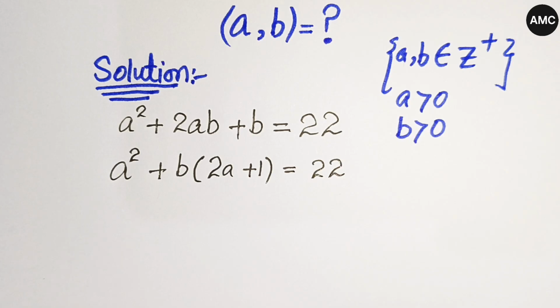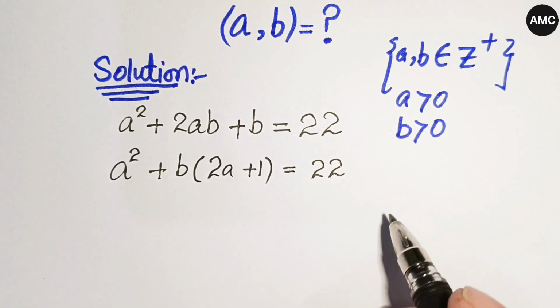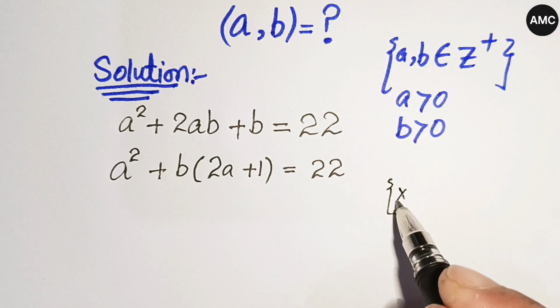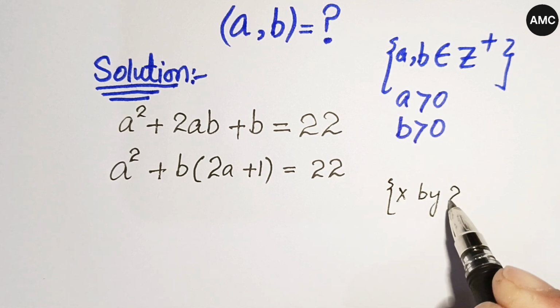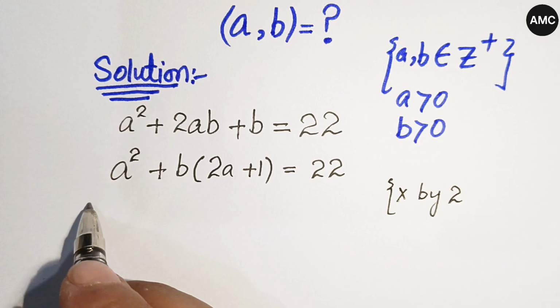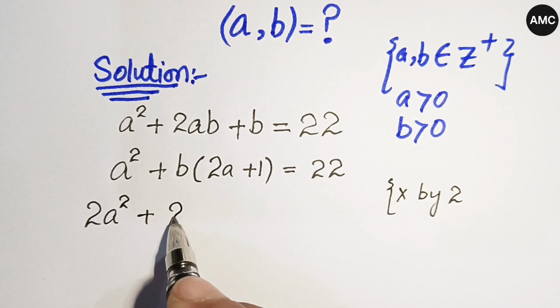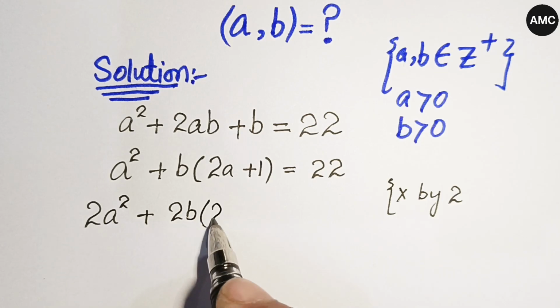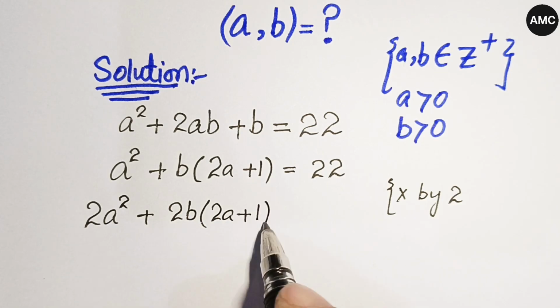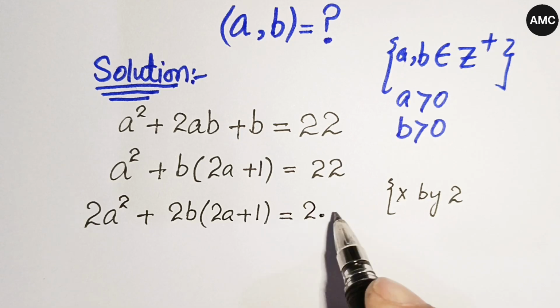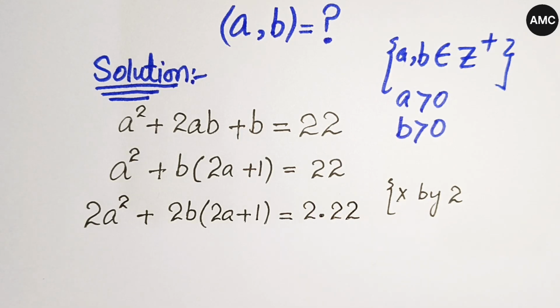Now if we multiply by 2 on both sides, we get 2 times a squared, which is 2a squared, plus 2 times b times (2a plus 1) is equal to 2 times 22.